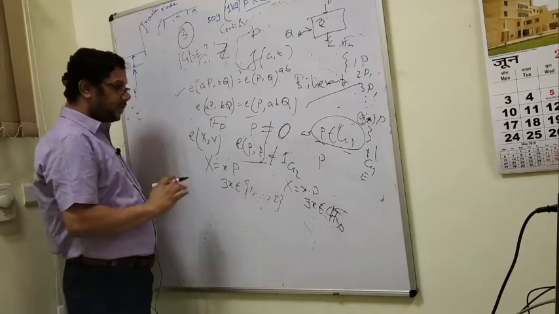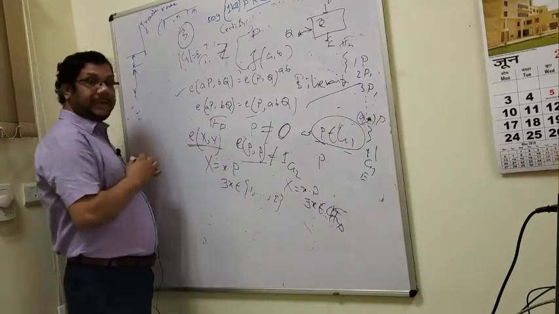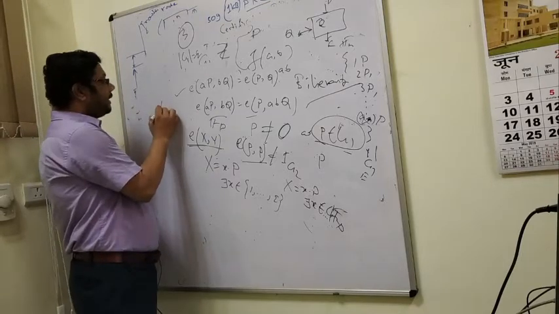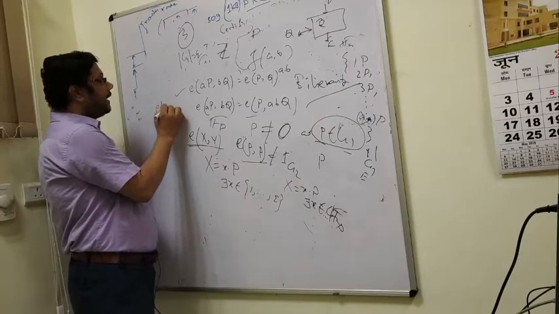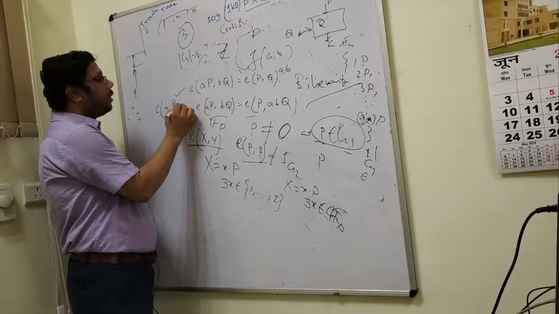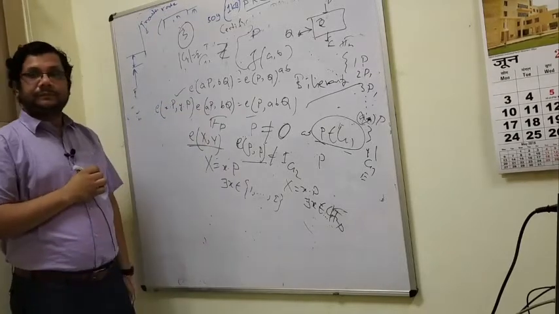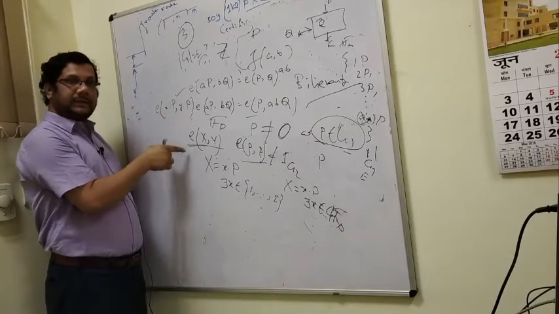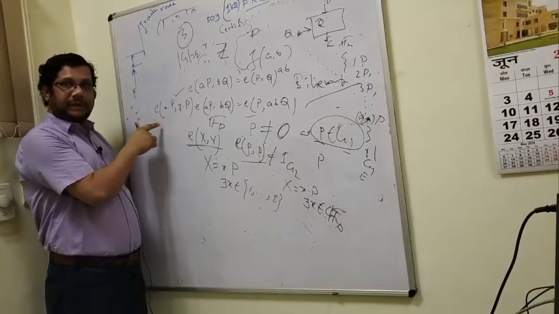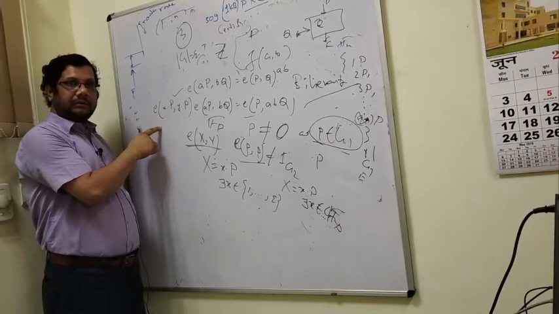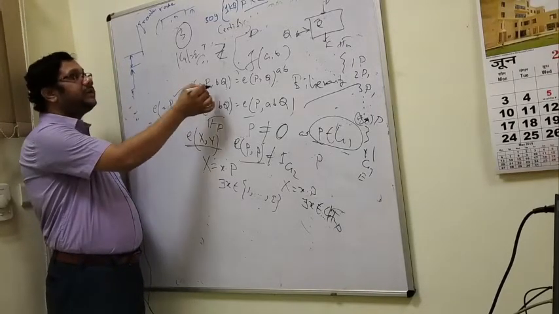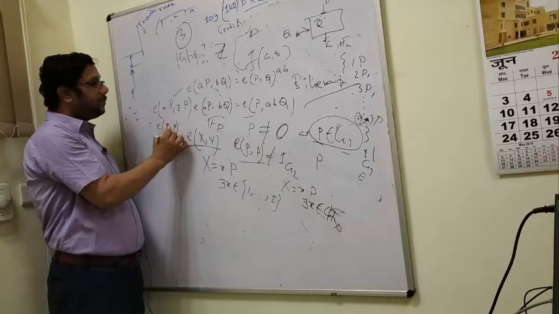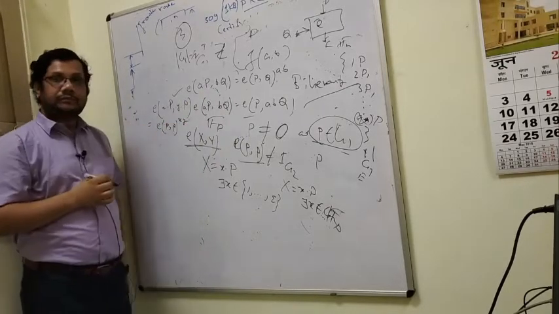Fine. So, what is E of xy? For any input x and y, what is E of xy? This is E of small x into p, comma, small y into p. Because x can be generated from p, y can also be generated from p by multiplying a suitable scalar with p. So, according to this formula, this is E pp power xy.